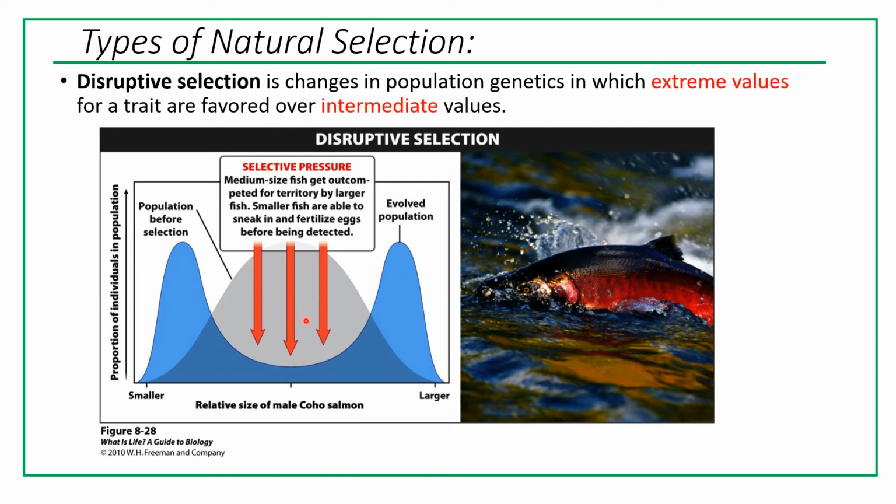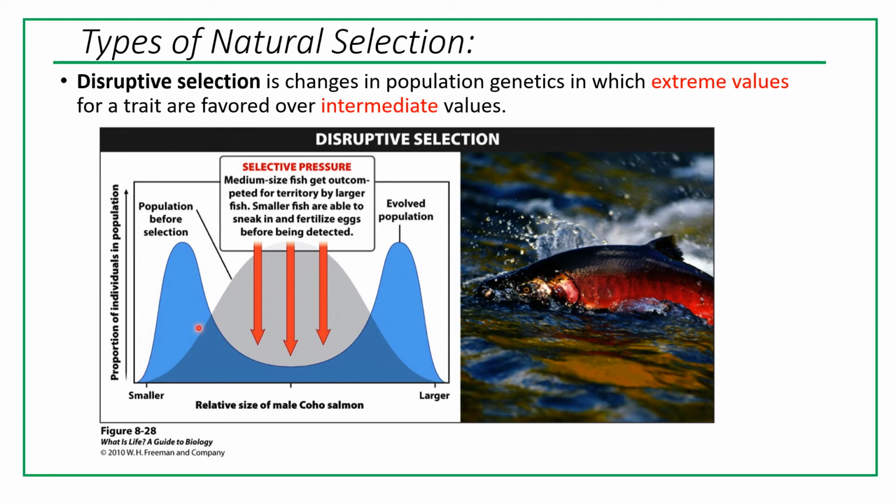Why? Because the large fish over here can really outcompete the medium size for territory, right? So that's a big fish. It will outcompete for a territory, right?